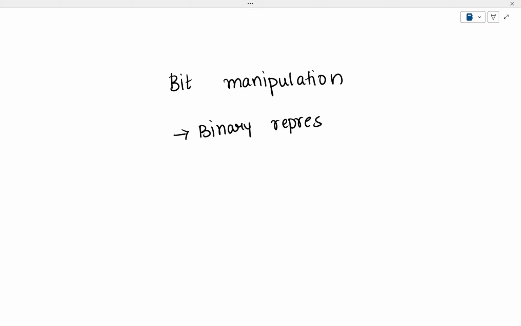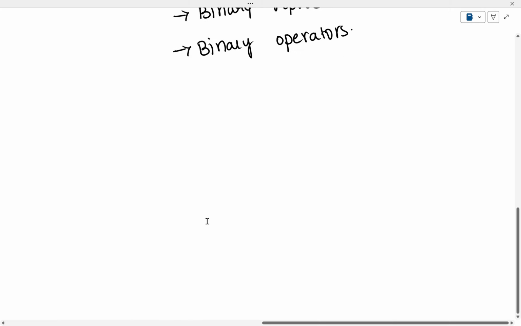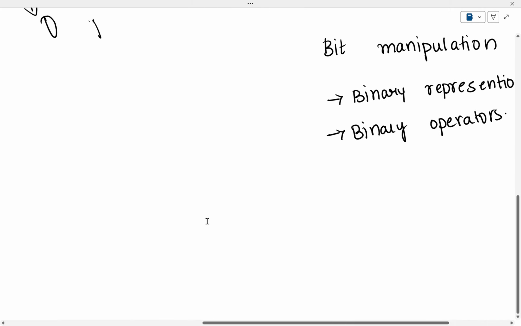We have a topic called bit manipulation, in which we deal with binary representations of numbers. And we also use binary operators. To solve the above problem, we can do it in this way.